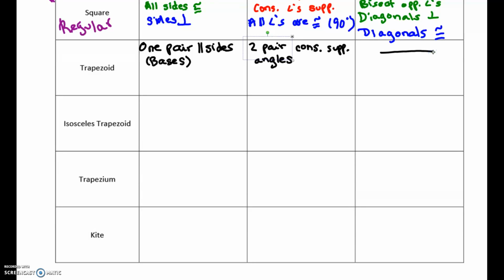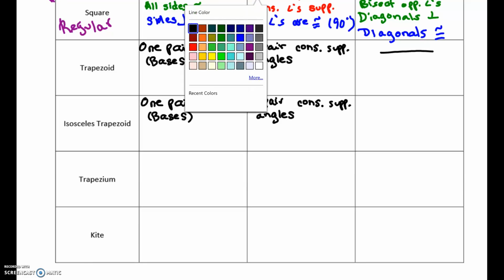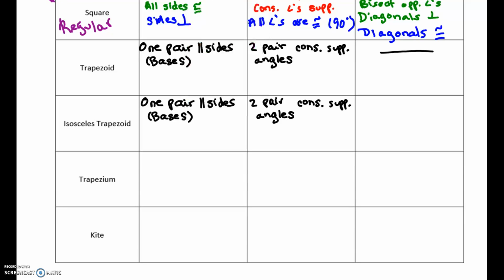Now, what is true for a trapezoid is also true of its subcategory, the isosceles trapezoid. So the isosceles trapezoids also have one pair of parallel sides, which are my bases, and two pairs of consecutive supplementary angles, but it has some more cool stuff going on. Let's pick a new color, friends, shall we? What about lime green? Let's see what happens here.